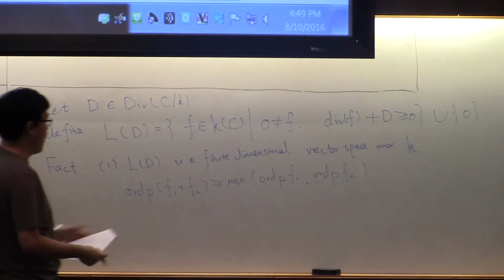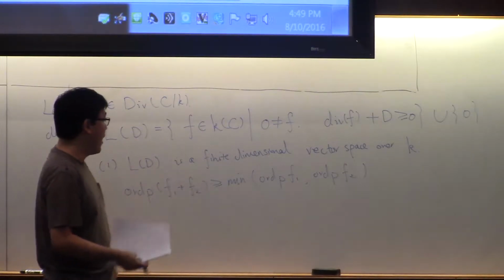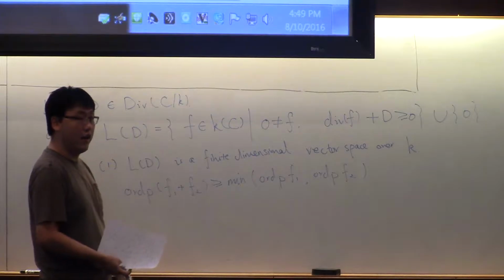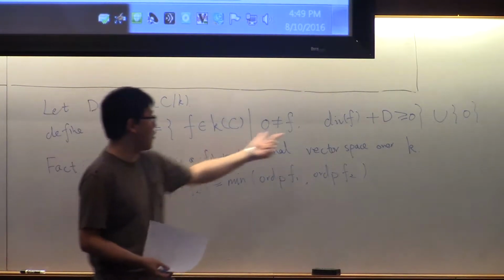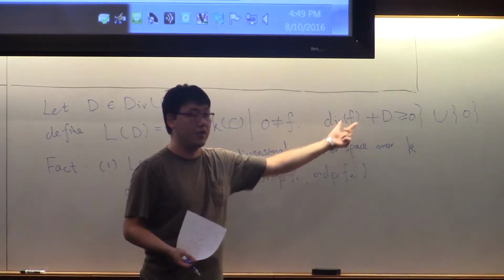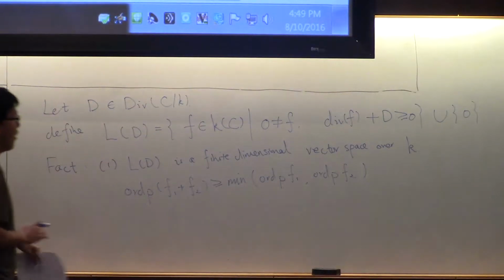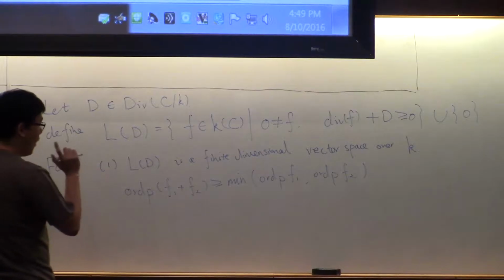And of course, if you have an element here, you just multiply by a non-zero scalar. Of course, it does not change this principal divisor, so the same inequality still holds.